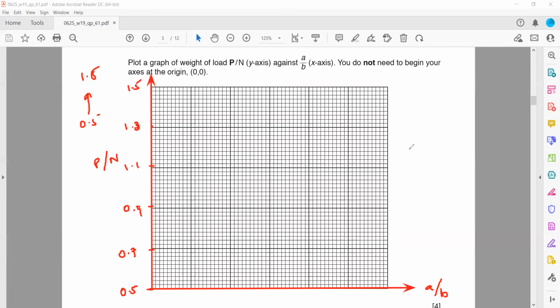And for A over B, the minimum is 0.4 and the maximum is 1.4, 1.37 about 1.4. If I start 0.4, 0.5, 0.6, 0.7, 0.8, 0.9, I won't reach 1.4 properly. So 0.4, 0.6, 0.8, 1, 1.2, and 1.4.